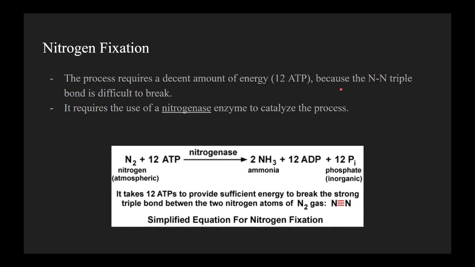Which is kind of atypical because, for example, H2 has 1 bond, and O2 has 2 bonds, but N2 has 3 bonds. So it's a very difficult bond to break, which means it requires a lot of energy, and it does that by using the nitrogenase enzyme to catalyze the process along with a lot of ATP.